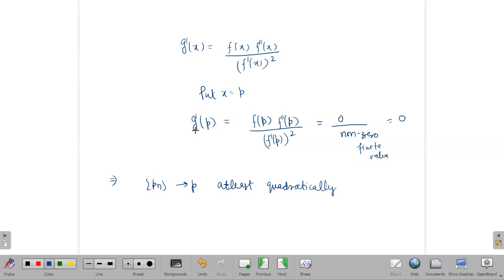Why at least? If you find its double derivative at p and that is also 0, then you can get cubic convergence also. So that way it is at least. It means Newton's method will give you an at least quadratically convergent sequence. So that's why Newton's method is more effective than the bisection method. And if you choose an appropriate g of x, then in fixed point also you may get quadratic convergence.